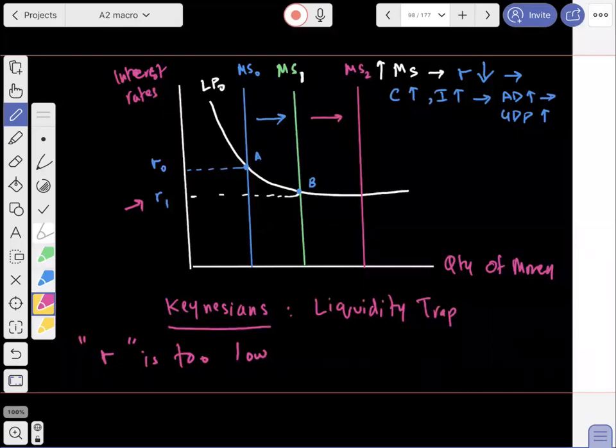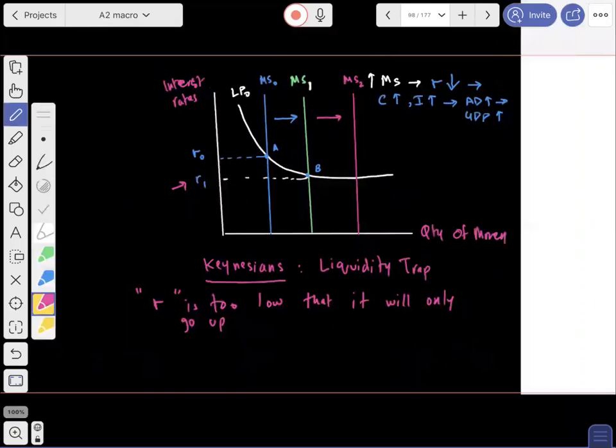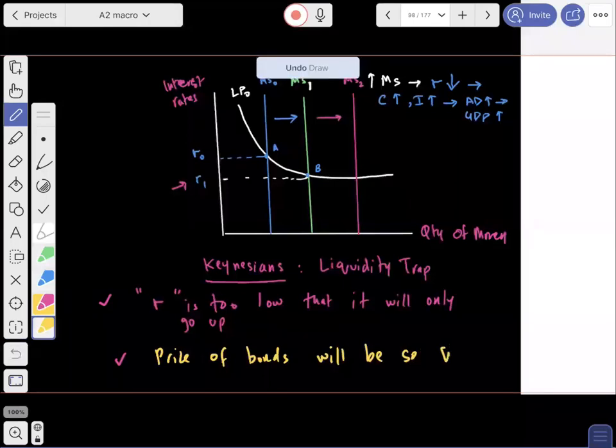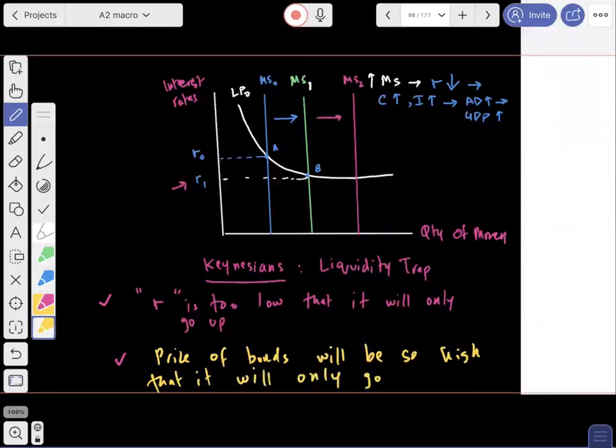If interest rate is too low that people assume that it will only go up, then one could argue that the price of bonds will be so high that it will only go down. You guys get that?